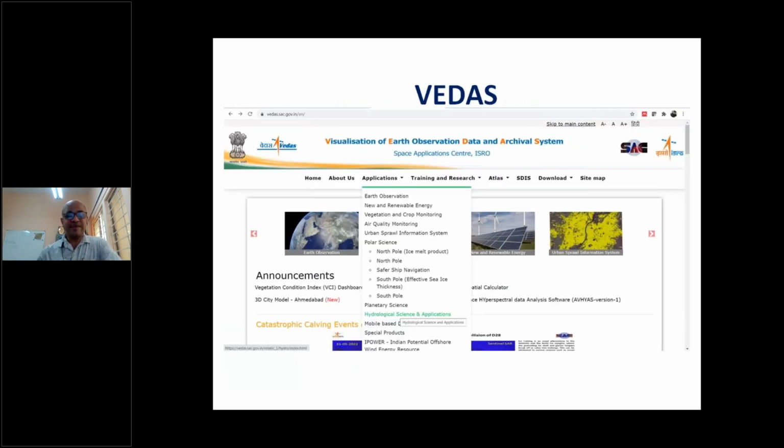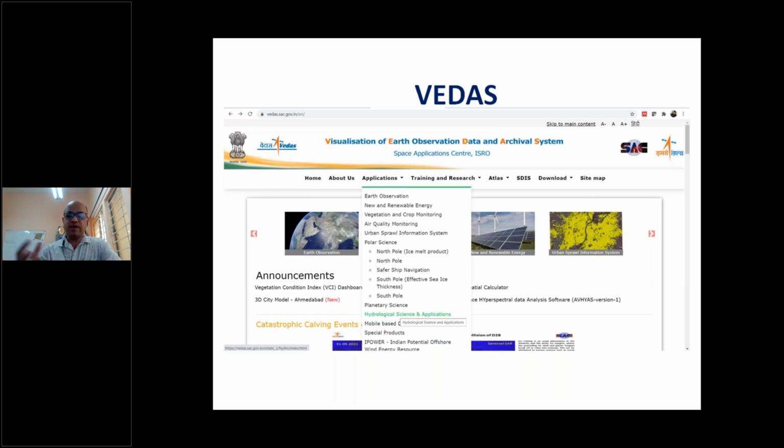There is one more website called Vedas, Visualization of Earth Observation Data and Archival System. On Vedas, first of all, a huge amount of data is available. It is uploaded dynamically and updated. Along with that, you can build your own processing. Well, you can't build high-end processing tools on this, but all the preliminary processing tools can be built on this data.